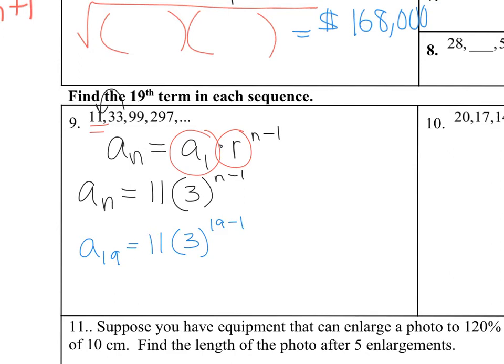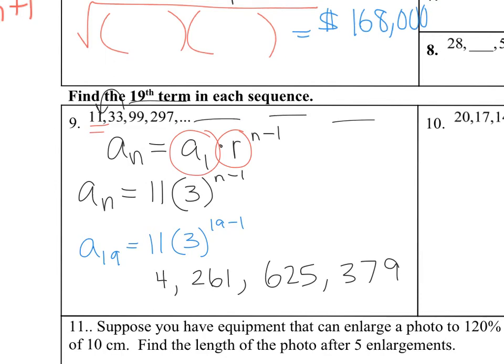I'm going to do 3 to the 18th power, and then multiply it by 11. That is a huge number: 4,261,625,379. It would be huge to write all those terms out for the 19th one.